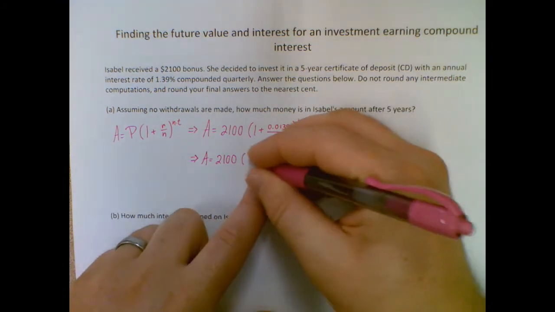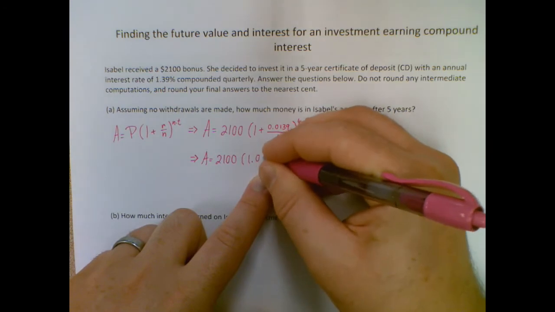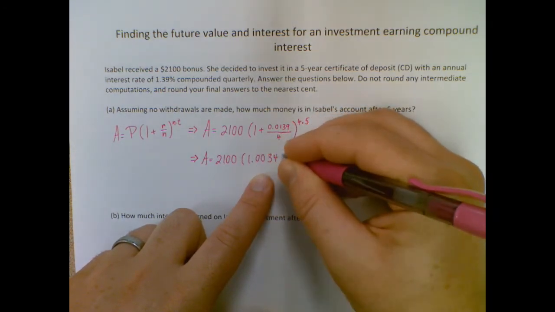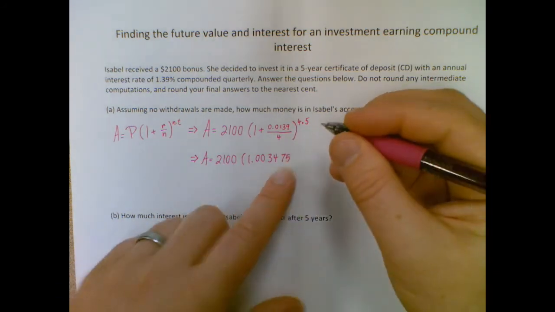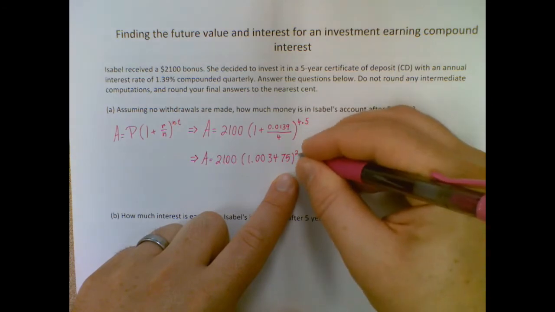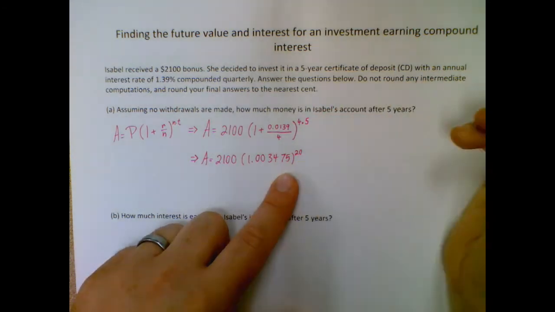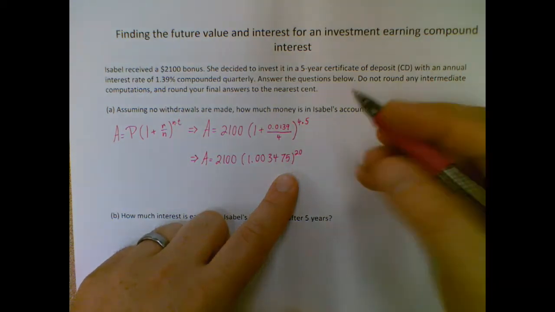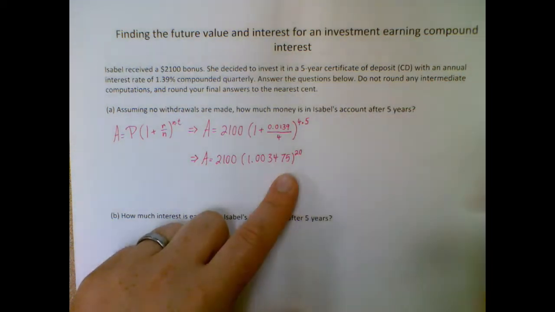So we'll call that 1.003475. And remember, don't round here. And that's 4 times 5 is just 20. And I like to do that as soon as you can, because depending on how you write it, sometimes it looks like 4.5. So the sooner you can remember to do that multiplication, the better.